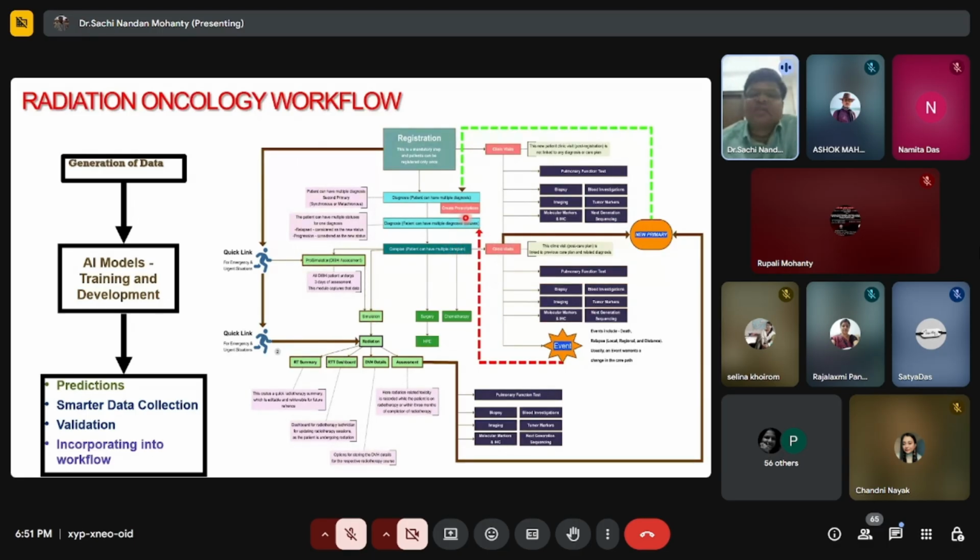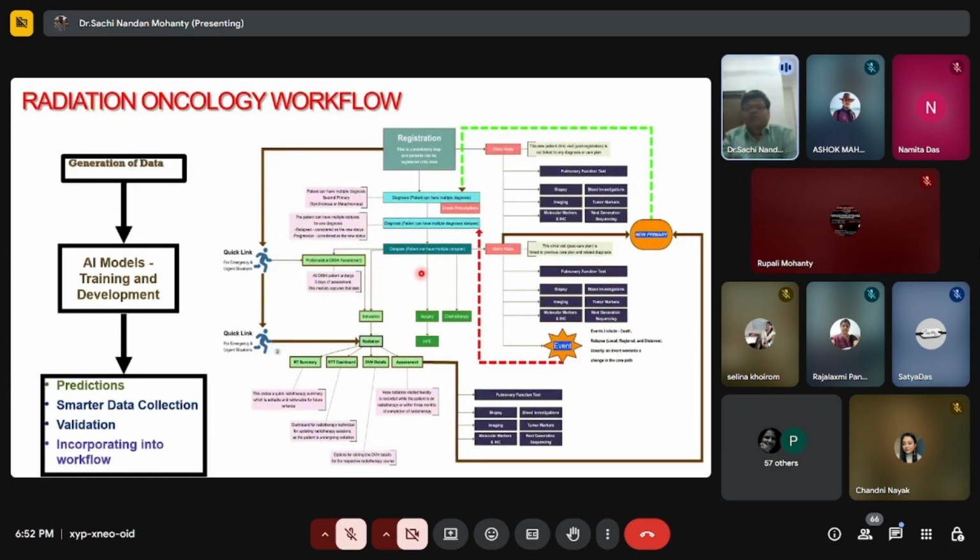If not multiple diagnosis, then the patient has a multiple diagnosis status. Then the patient can have multiple tumors or not. Synchronous and metachronous should be there. Then for patients who have multiple cancers, you can revise the prognosis. Then after prognosis, you can consider the new status. So this is a series of processes.